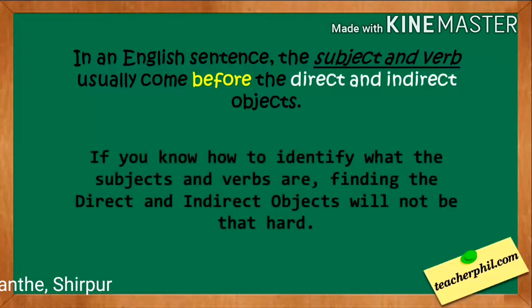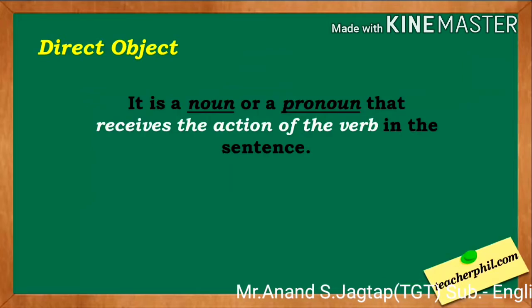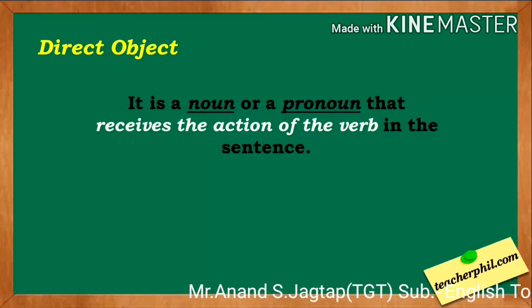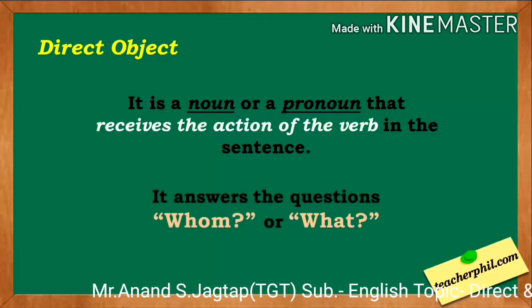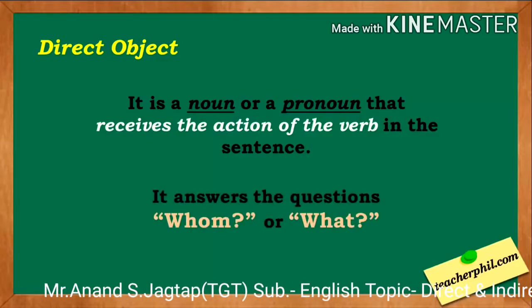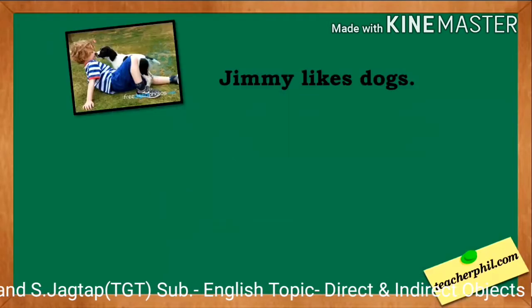If you know how to identify the subjects and verbs, finding the direct and indirect objects will not be that hard. Direct object. It is a noun or a pronoun that receives the action of the verb in the sentence. It is called direct object, and you can get it by asking the questions whom and what.